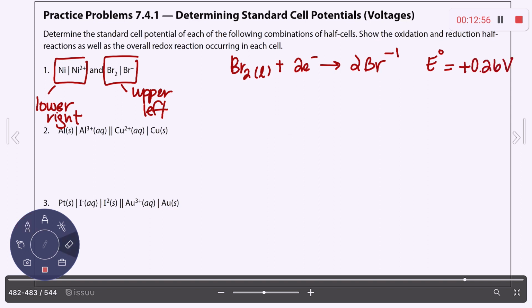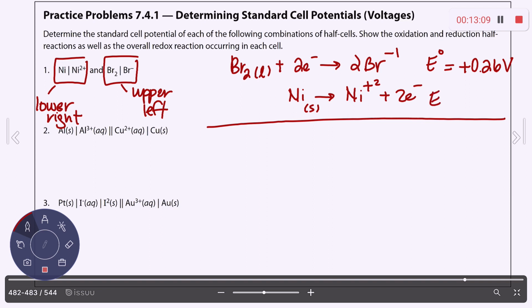Okay. And then the other one, we have to reverse the order of the nickel. So this is nickel solid going to nickel ions and then 2 electrons. And then this potential is positive 1.09. Now, when you add these together, obviously the electrons cancel.